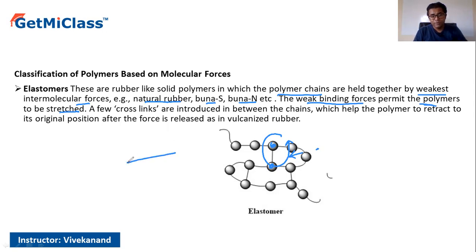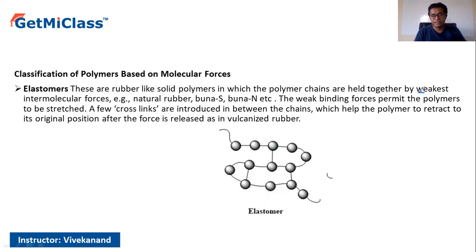Whatever polymer we have stretched, if we introduce a few cross links in between, it can be retracted to its original position. This can happen only if we introduce cross linkings. So elastomers are simple polymers held by weak intermolecular forces.